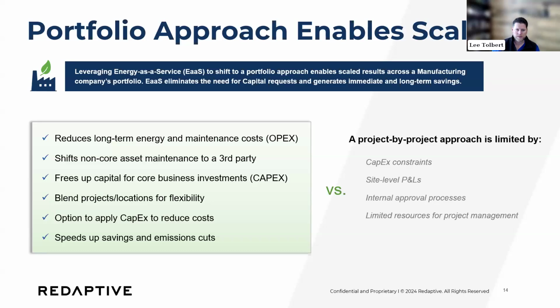Those two things do not have to be mutually exclusive. And lastly, it speeds up savings and emissions cuts. As I mentioned earlier, there are a number of corporate targets that are coming to fruition a lot sooner than people probably realized. And by doing things on a portfolio scale, you're able to speed up those savings and emissions reductions to meet those targets.